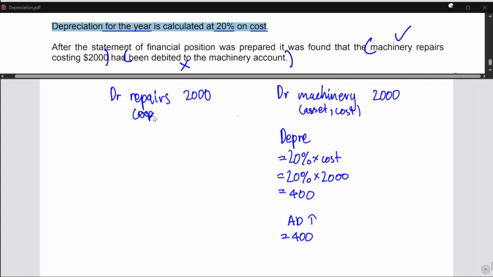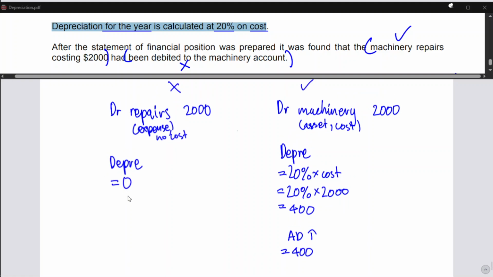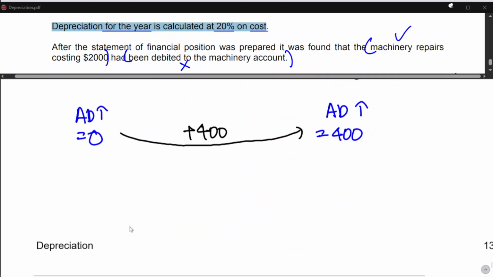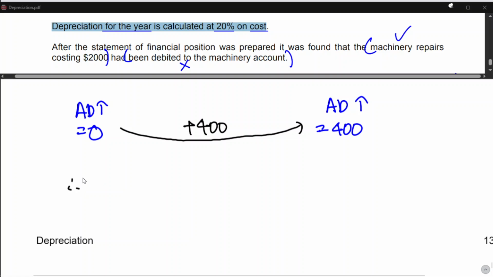So this one, repairs, is an expense, so it's not a cost. Also no depreciation. So the AD will not increase from here to here. It increased by 400. So in conclusion, the AD increased by 400.